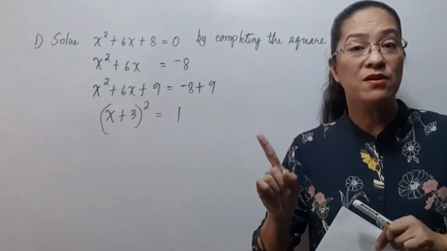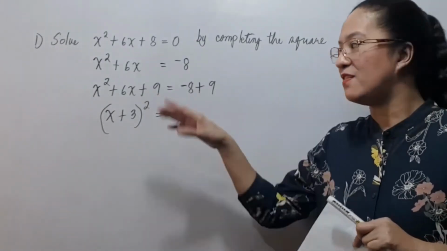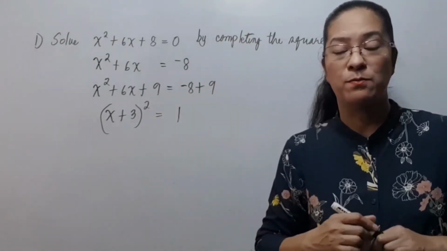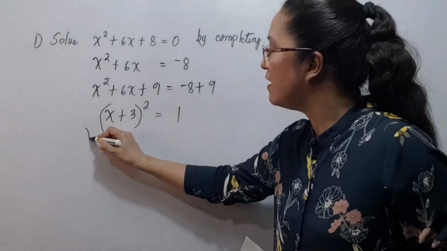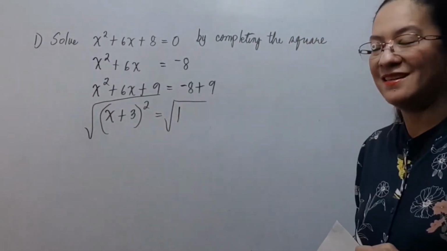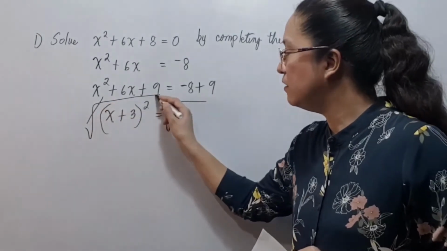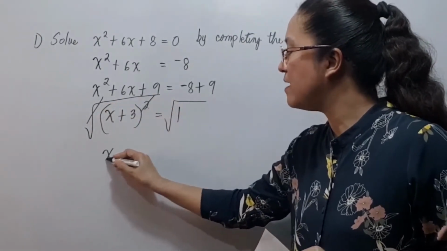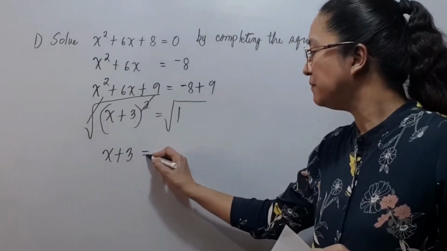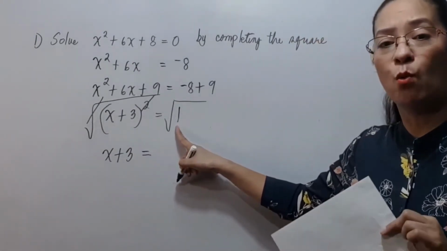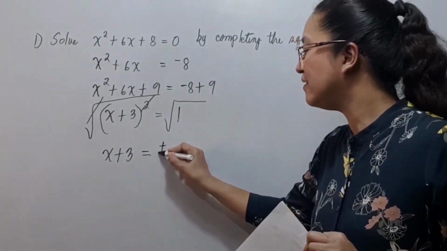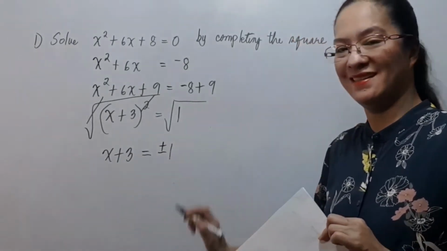Okay? Remember yung first vlog natin, solving quadratic equation by square root property. So you're going to get the square root of both sides. So, square root tsaka squared cancel, we have here x plus 3. Then, the square root of 1, yes, that's positive negative 1.